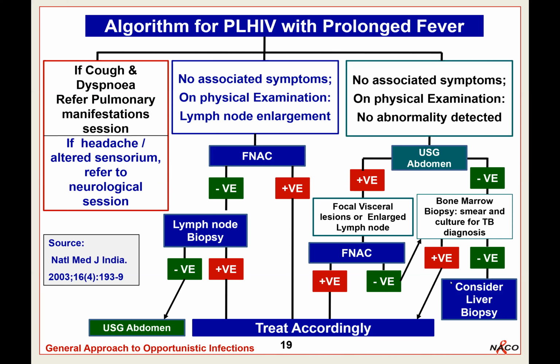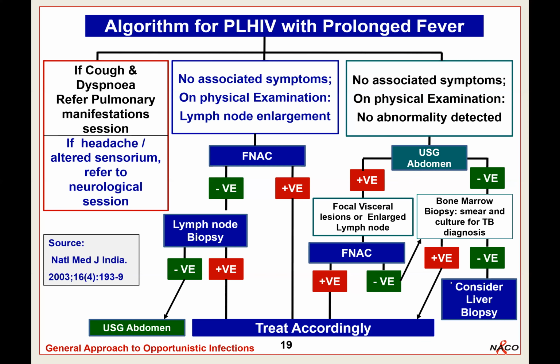But if there are no associated signs and symptoms, and if there are any lymph nodes on general or regional examination, then you end up doing a biopsy of those lymph nodes to find out the definite cause. And if a biopsy is inconclusive, or if you are not able to do a lymph node biopsy, then you may go for USG abdomen.